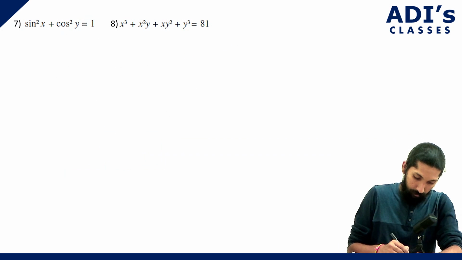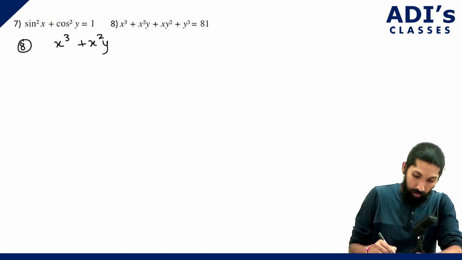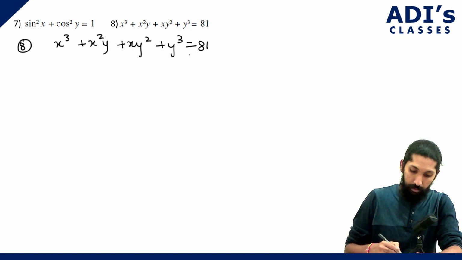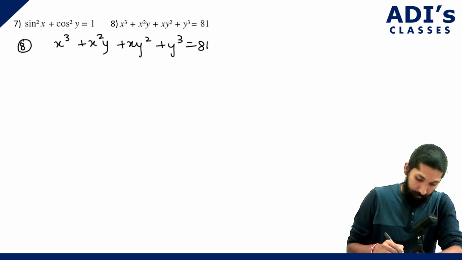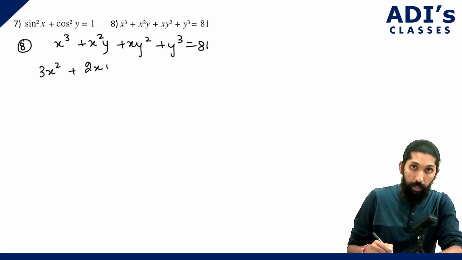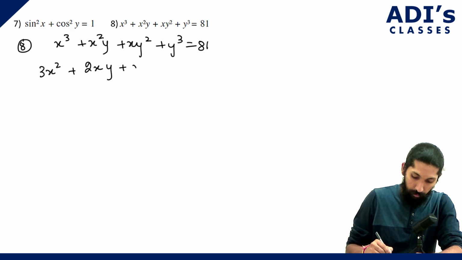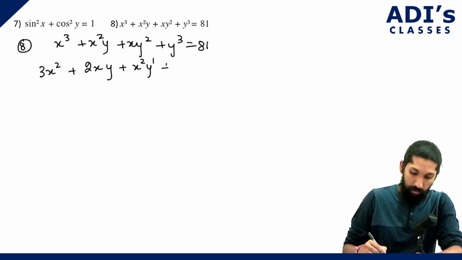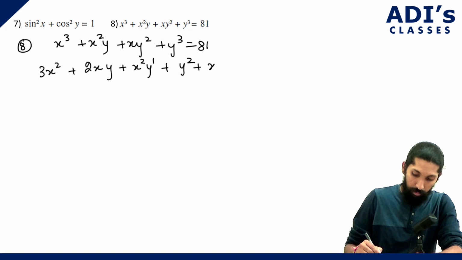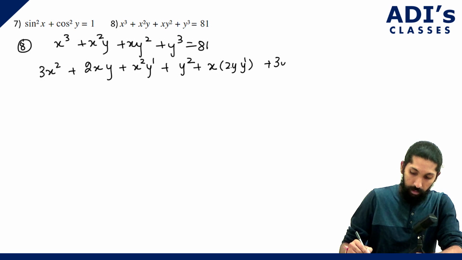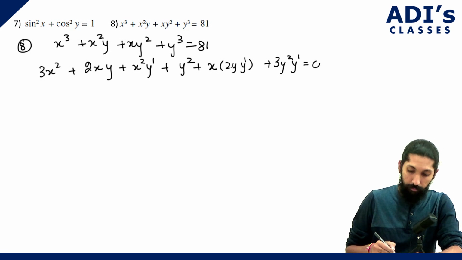See the 8th one. x cube plus x square y plus x y square plus y cube is equal to 81. Correct? Differentiate: 3x square plus 2x into y plus x square y dash plus y square plus x into 2y into y dash plus 3y square into y dash is equal to 0.